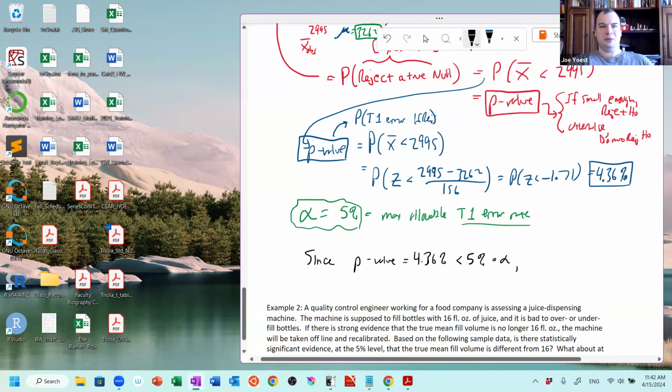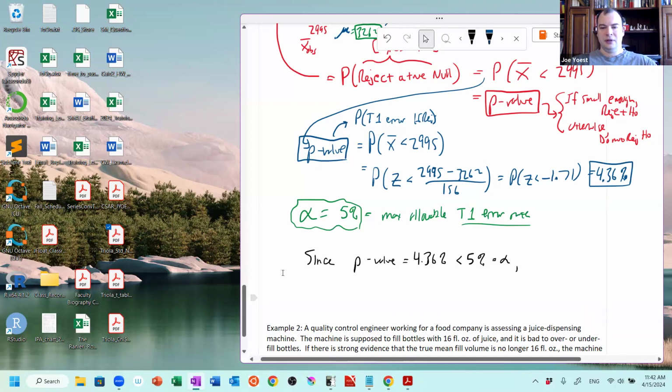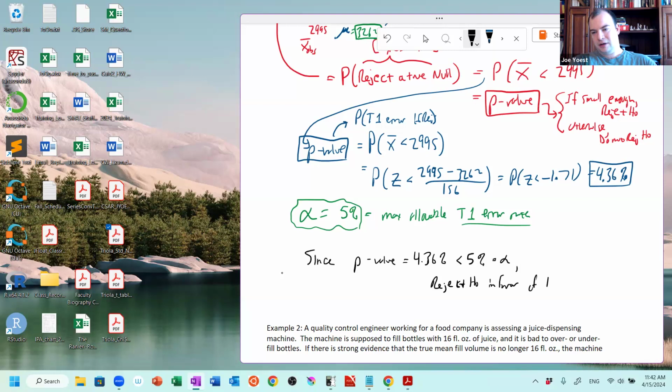Since if we reject, we make an error less of the time than the maximum allowable, then we reject H naught in favor of H1, and we can make the claim.